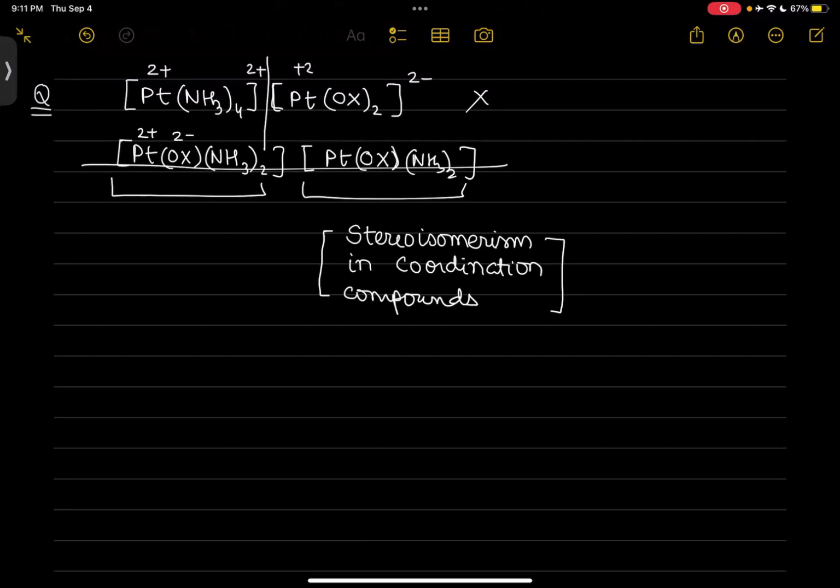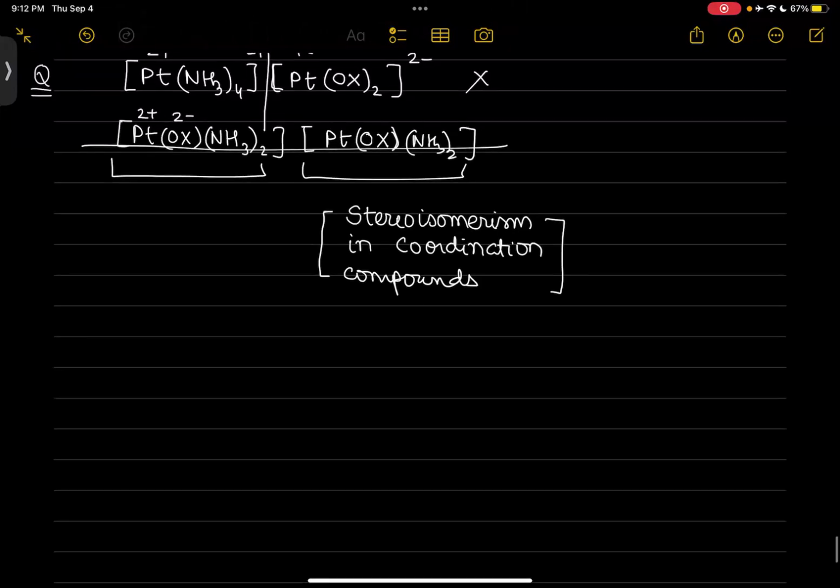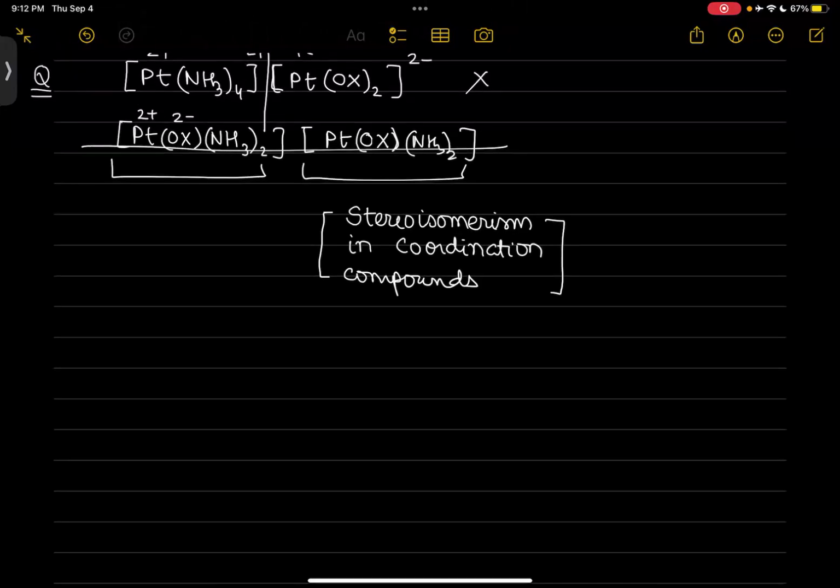So how will you define stereoisomerism? Aisha, Marwa, tell me quickly. All of you know it very well. Stereoisomers have the same chemical formula but different arrangement. Same molecular formula, same groups, but those groups differ only with respect to the three-dimensional arrangement in space.